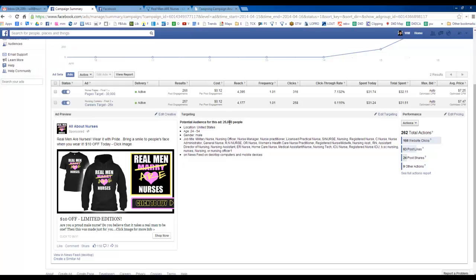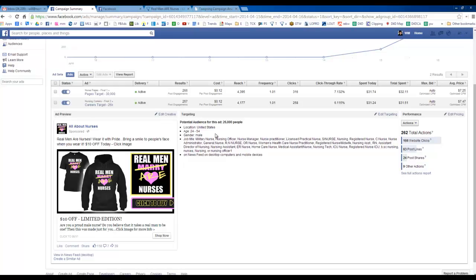Now keep in mind this, 26,000 here and 30,000 there, that's going to overlap, right? I would imagine that there's probably at least 50 to 60% overlapping audience, meaning the audience that's in this careers one is also in the other, maybe even higher, and maybe not, because I'm getting a decent click-through rate, but nonetheless.